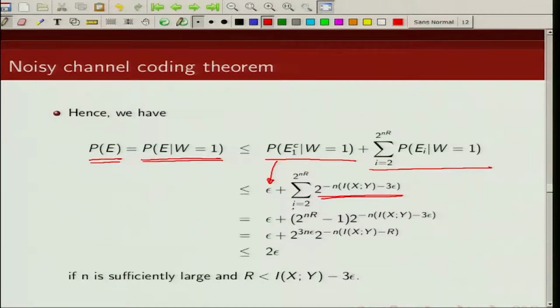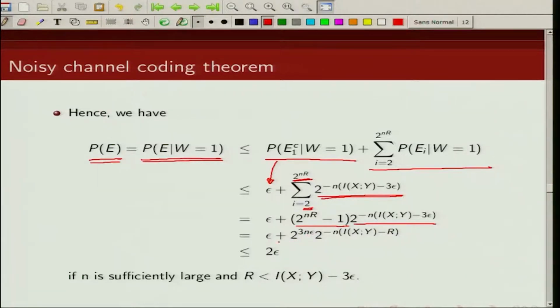So when we sum from i equal to 2 to 2^{nR}, we get epsilon plus (2^{nR} minus 1) times this quantity. Now we will just collect terms containing epsilon.